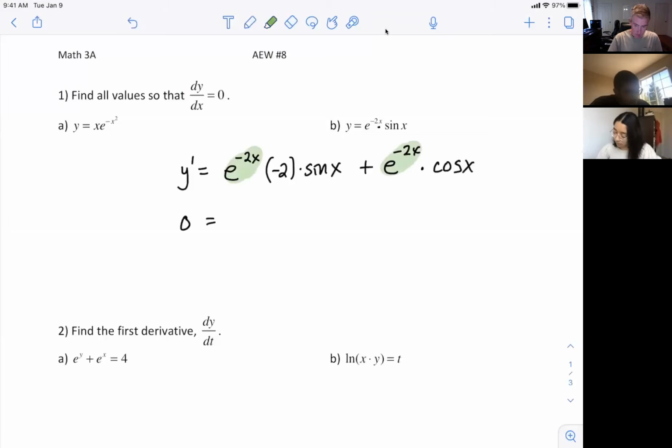And like with the last one, they each have the e function, so you could factor that out. And then what's left is negative 2 sine of x plus cosine of x.